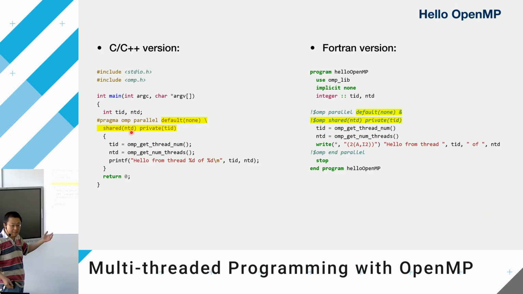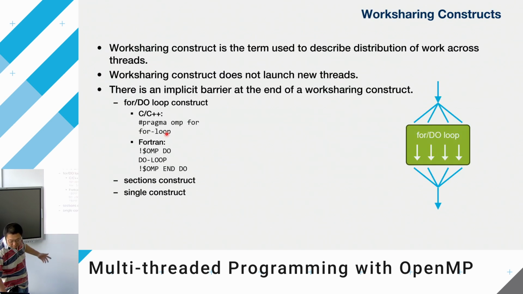You start 100, it's 100. There's nothing to worry about. And then the thread ID, the TID, this must be private. Otherwise, the thread ID from thread 1 may be overwritten by thread 2 or thread 6, I don't know, and then the result will be wrong. So this is a hello for OpenMP.